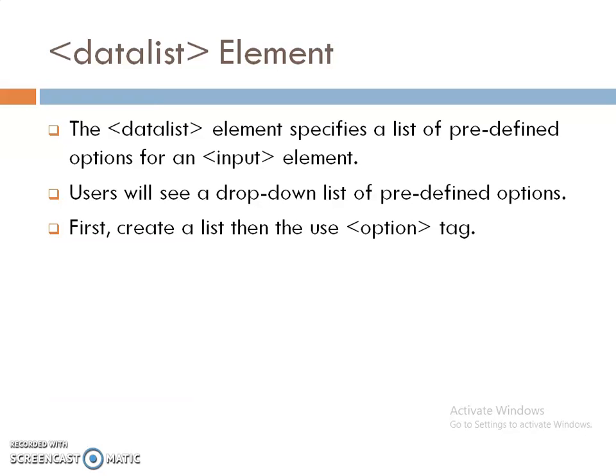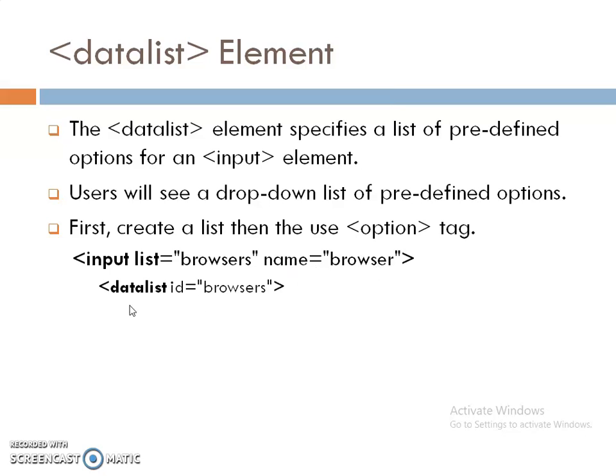First we have to create a list, and then we add all the values using the option tag. Here we are creating a list: input list is equal to the name of the list. This is a user-defined name for the list. Here we are collecting all the data, so using a datalist, we are creating a predefined list.